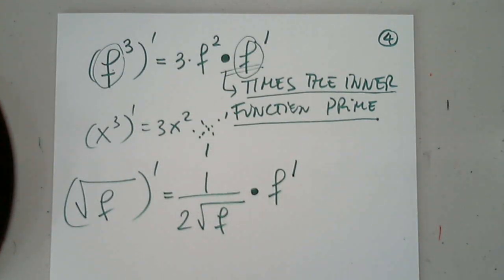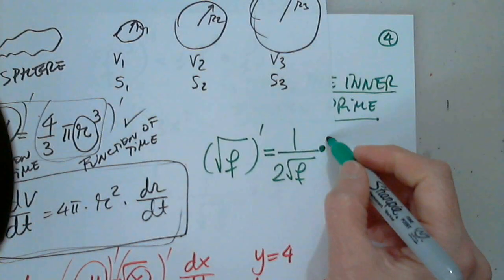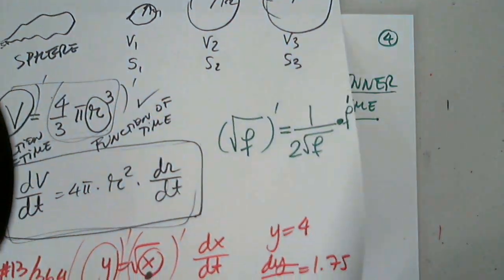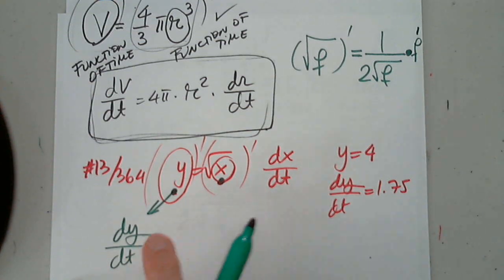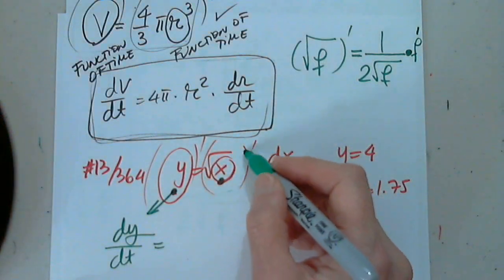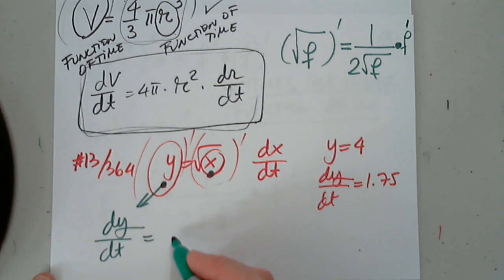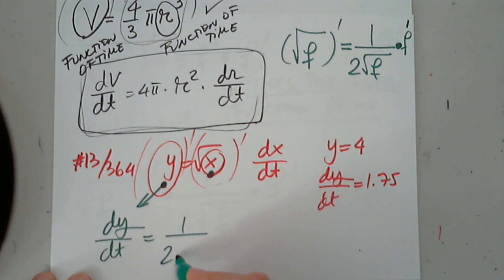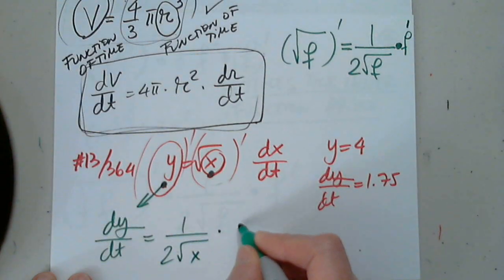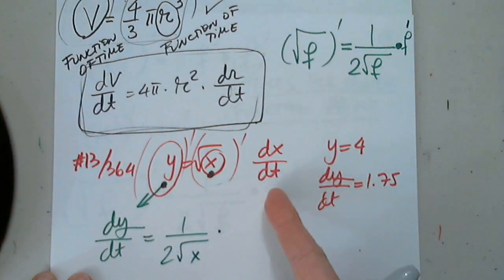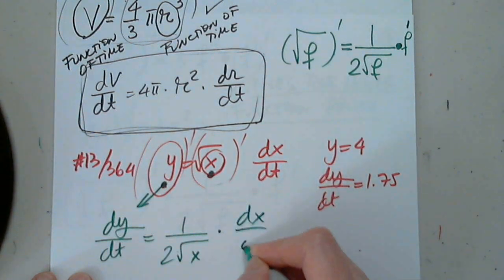Times the inner function prime. Good. So we have the left-hand side. Can anyone help us with the right-hand side? 1 over 2 square root of x times x prime. Good. But I have to write it like this, times dx over dt. Very good.